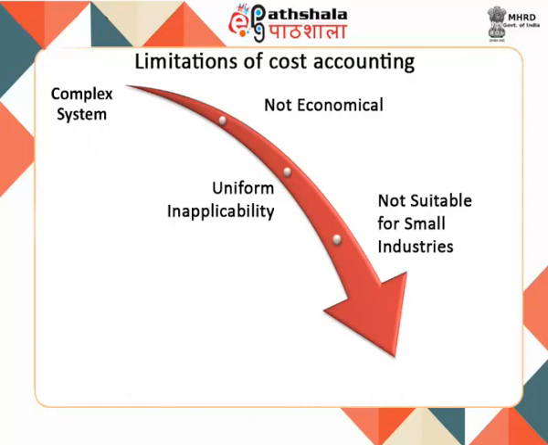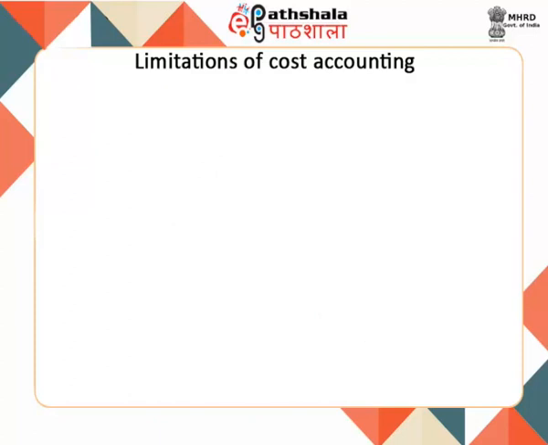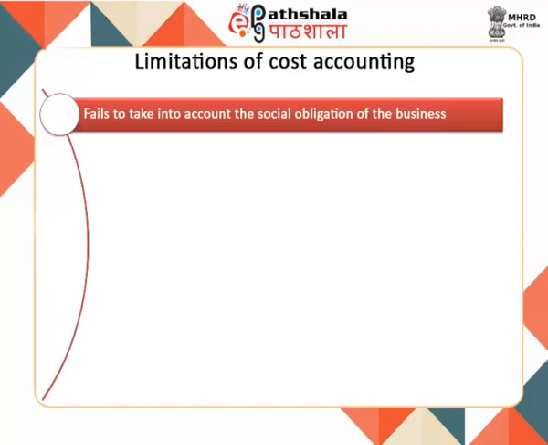Number 5, cost accounting lacks the accuracy of its results. 6. Cost accounting fails to take into account the social obligations of the business. Number 7. Many industrial units function effectively and control the costs more effectively with the help of financial accounting only.